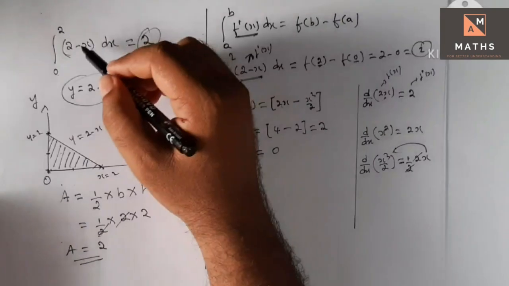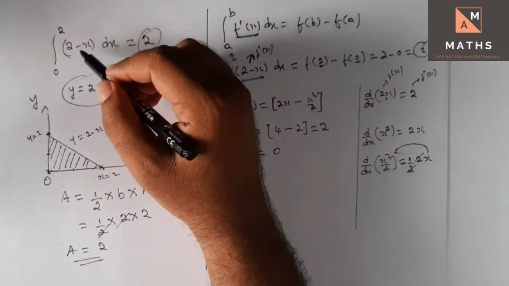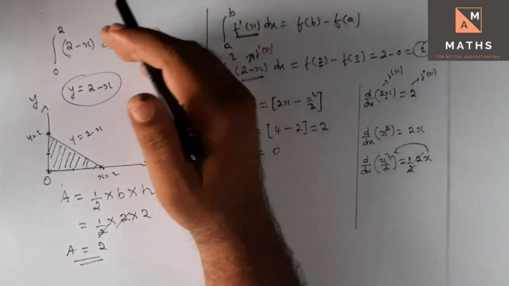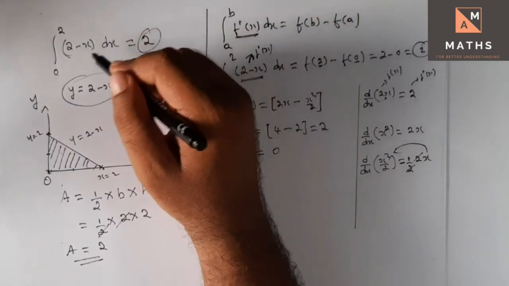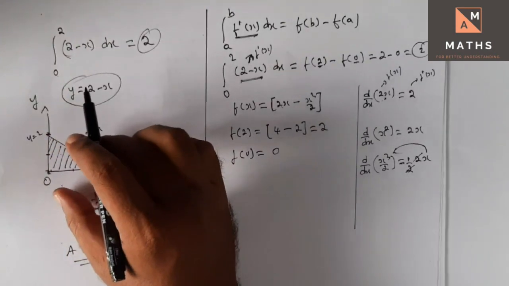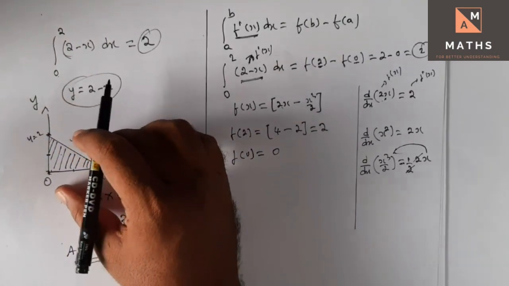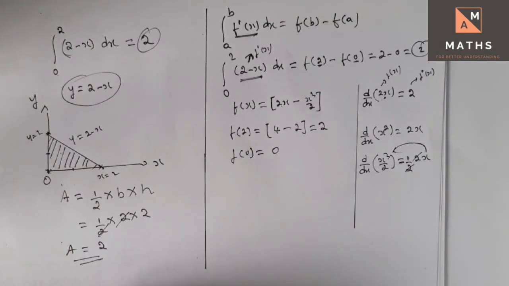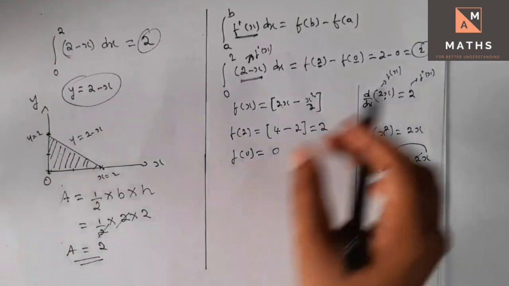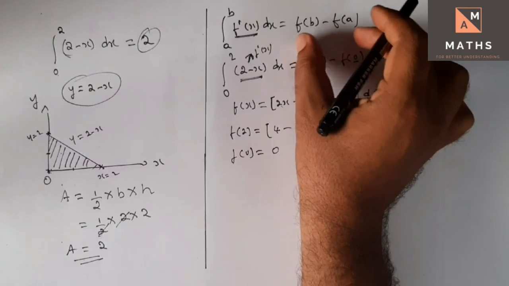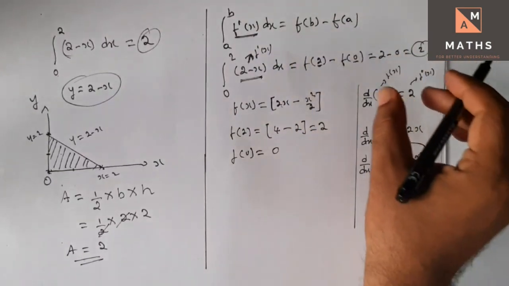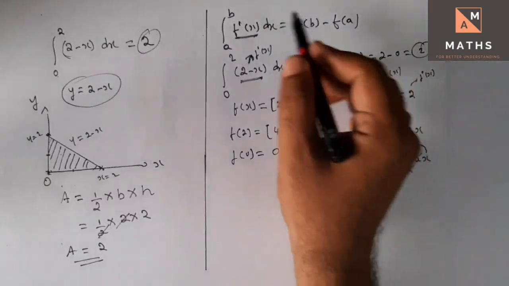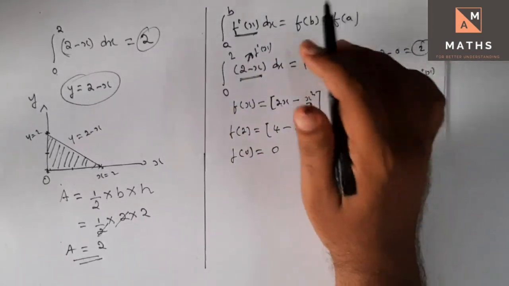But if you get a difficult function like x square plus e power x, sin x into cos x, or 1 plus cos square x, then it is very difficult to draw the graph of that function, and to find the area it is a lengthier process. So because of that, to evaluate the integral we always use the fundamental theorem of calculus. For this you should know how to integrate the function. If you know that, we can easily find the integral value of that function.